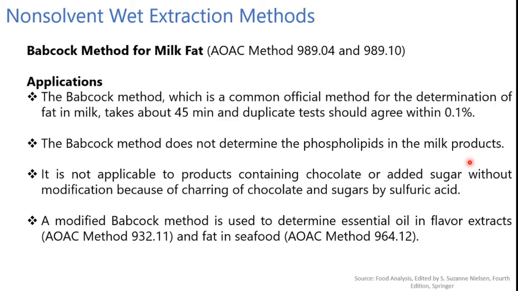Then what are the applications of the Babcock method? The Babcock method is a very common and official method for the determination of fat in milk, which takes around 45 minutes, and duplicate tests should agree within 0.1%. The Babcock method does not determine the phospholipids in milk products, and it is applicable to products containing chocolate or added sugar without modification, because of the charring of chocolate and sugars by the sulfuric acid.